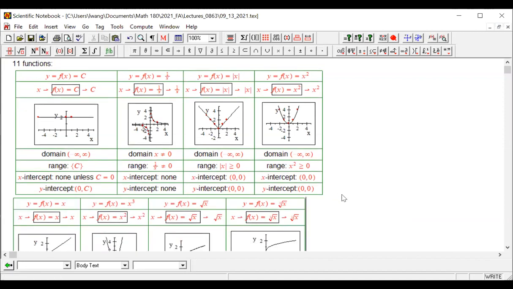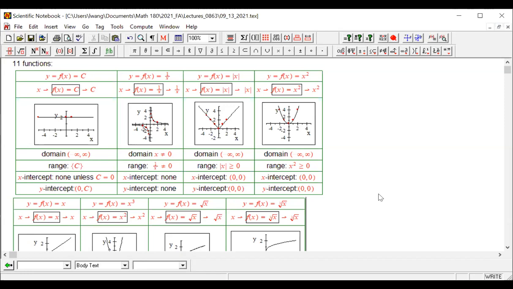All these functions we have just reviewed or studied, we know their domain, range, x-intercept, y-intercept. Some of them have no inverse, so the f of f inverse operation we don't do to them.